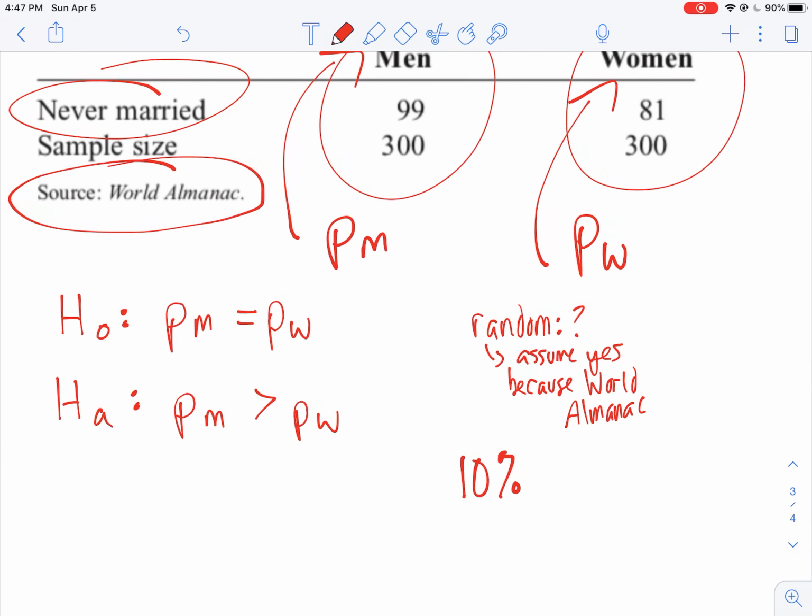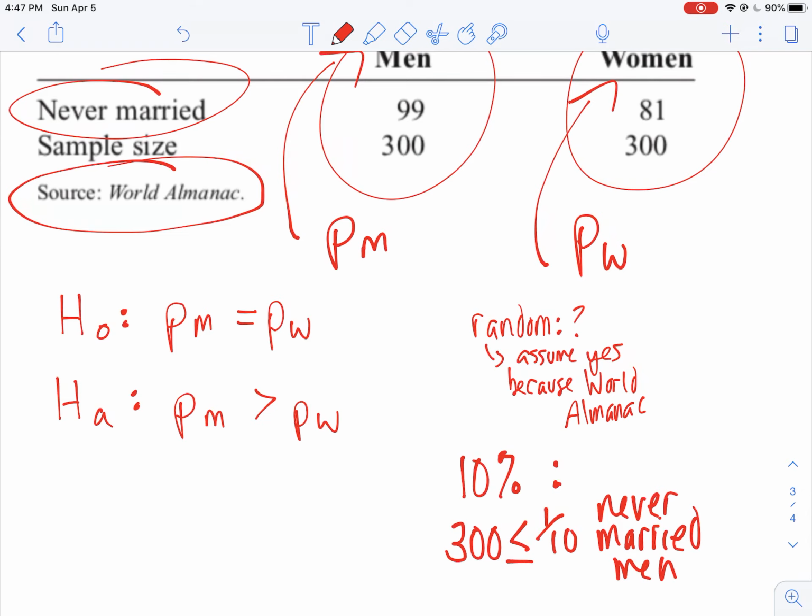All right, so then we want 10%. All right, so let's see. We've got 300 in each case. It's 300 less than or equal to 10% of, instead of unmarried, I'm going to put never married men.